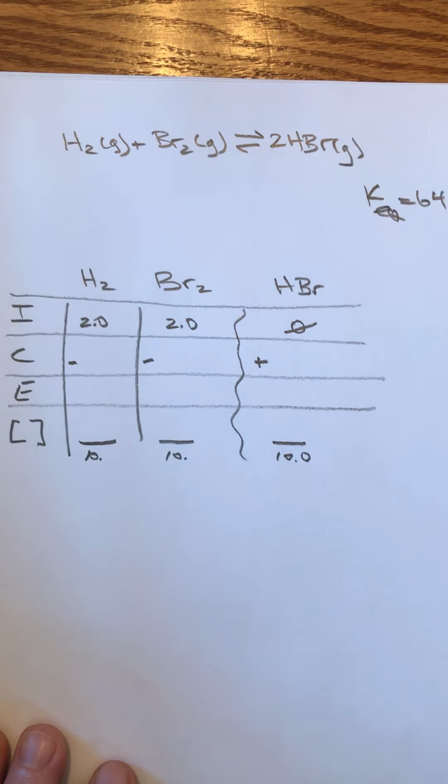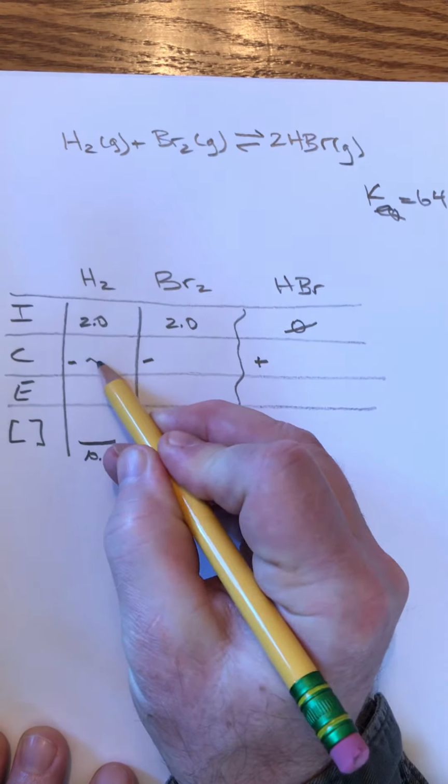Well, in math class, you might have heard of let X problems. If you let X be the loss of one of your reactants, stoichiometrically you can come up with the X's for the other losses or gains for products. So I'm going to say let X equal the amount of H2 I'm going to lose.